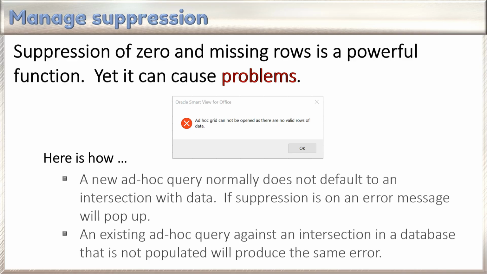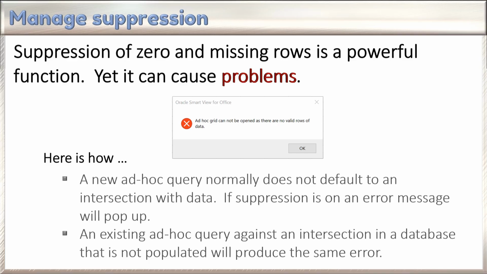An existing ad hoc query against an intersection in a database that is not populated will produce the same error. A practice that is helpful is to leave the suppression options off until you need them. That way, when you open a new query or a query without data, you won't get an error message.